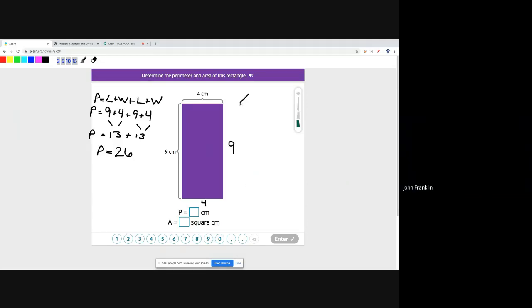Area we know to be length times width. Our length is 9, our width is 4. 9 times 4 equals, A, which is area, equals 36.